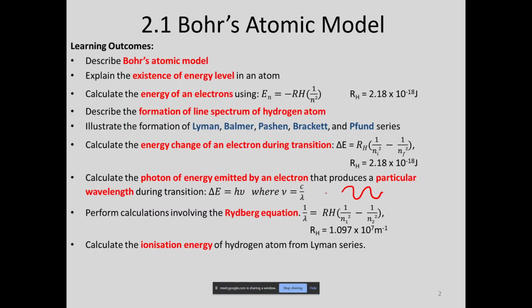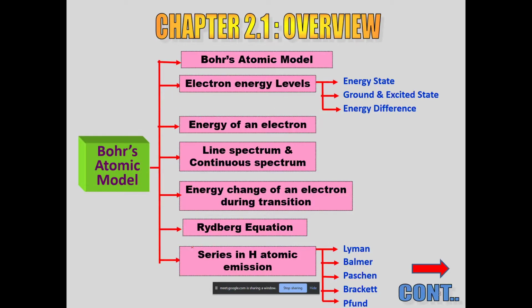So nanti kita akan tengok the energy released by the electron is also in a form of wave and also called photon lah. Okay, lampu orang tu. So nanti kita tengok macam mana kita boleh ada cahaya. And ionization energy ni kita akan touch very briefly, because later on untuk chapter 3 kita akan go further lah untuk ionization energy. Okay, this is the overview.